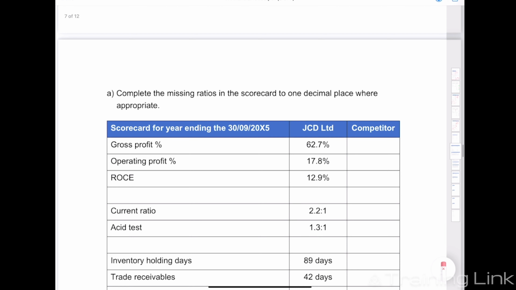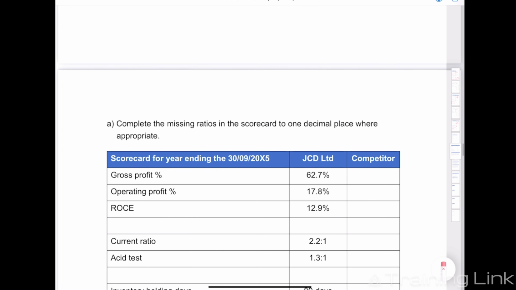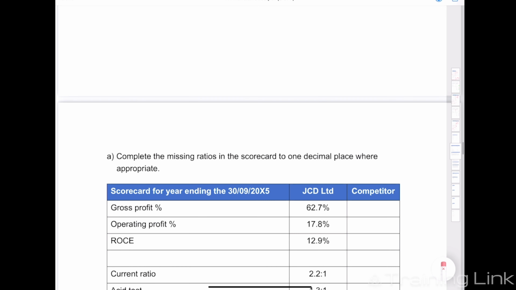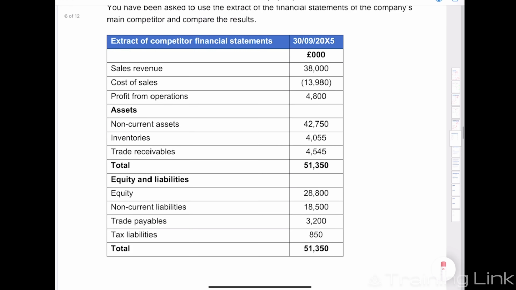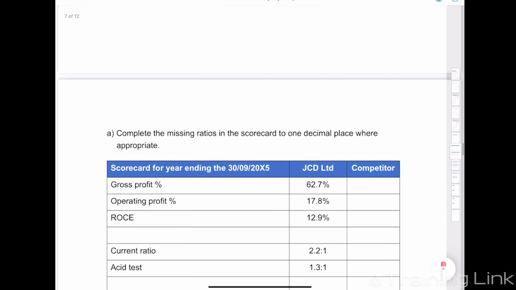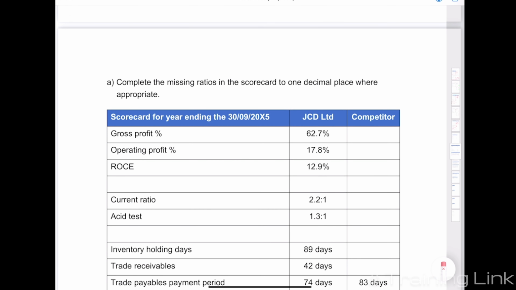So we've already got some figures in for JCD Limited. We just want to now calculate these for the competitor. Okay, so these are the standard calculations that we've used before. So there is nothing new on here. If we just scroll down, we've got the gross profit percentage, operating profit percentage, return on capital employed, current ratio, acid test, etc. So there is nothing new in terms of formulas that I've not been through here.